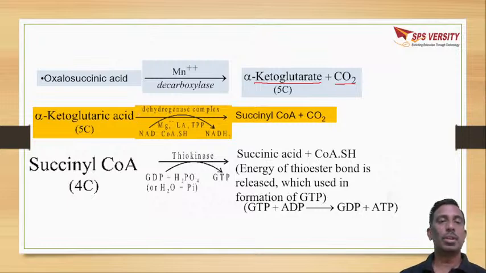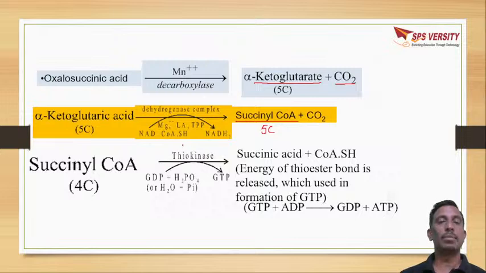Alpha ketoglutarate, in the presence of alpha ketoglutaric dehydrogenase complex, will undergo oxidation, decarboxylation and condensation, and form a 5-carbon compound, succinyl coenzyme A, along with CO2 and NADH2.